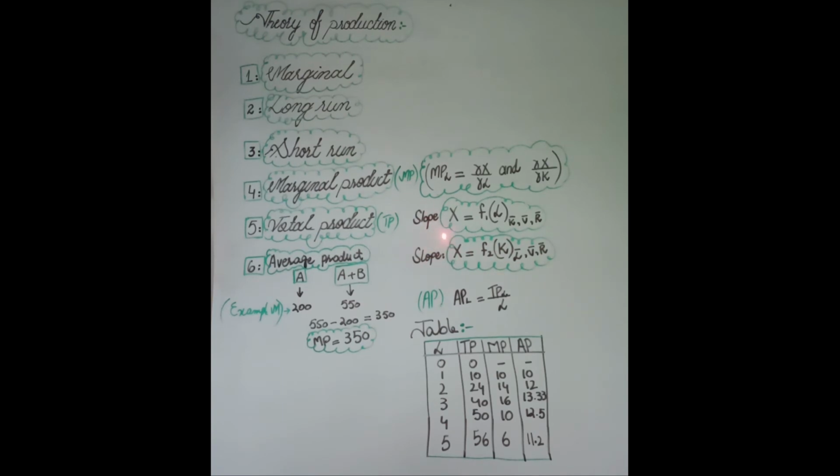You can clearly see that in the case of labor, all factors of production are constant except labor, and in the next one, all factors of production are constant except capital. So I hope you people can understand now the formula, the slope of one by one the factor of production.